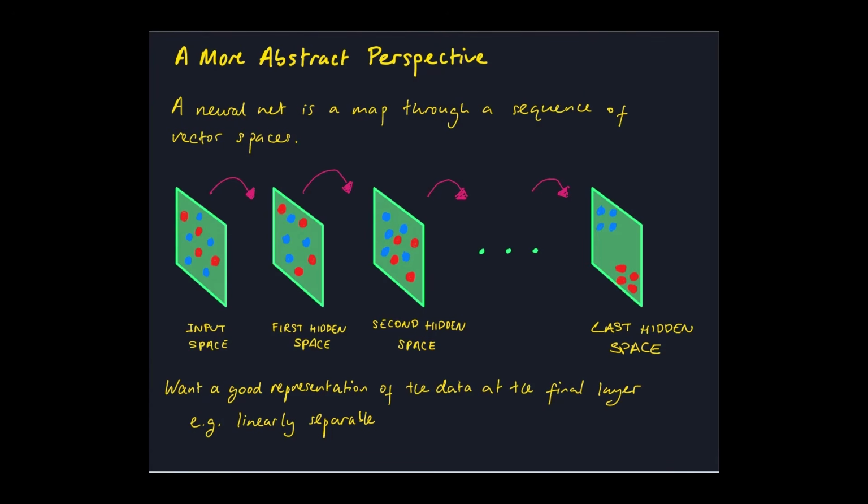When we do deep learning, we hope that as we move through the network, we get to a representation at the end where data points from different classes, or semantically different data points, are separated from each other. And then we did a good job. So that's what this is saying: we want a representation of our data which is perhaps linearly separable at the end of the network. That would be nice.